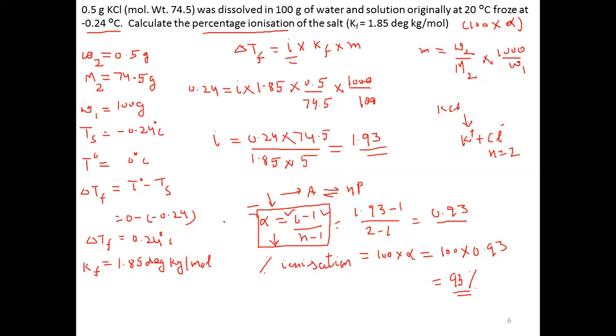93%. Next numerical: a M by 10 solution of K4[Fe(CN)6], this is a coordinate compound, is 46% dissociated at 180 degrees Celsius. What will be its osmotic pressure? So let us see what is given. We are given with alpha, the degree of dissociation; 46% dissociation is given.